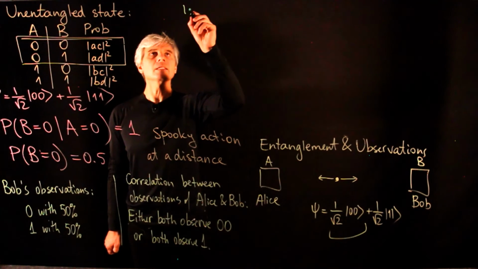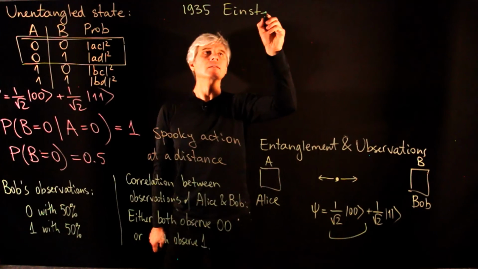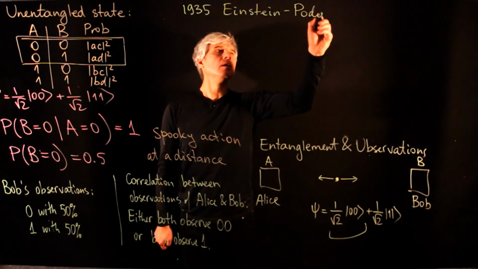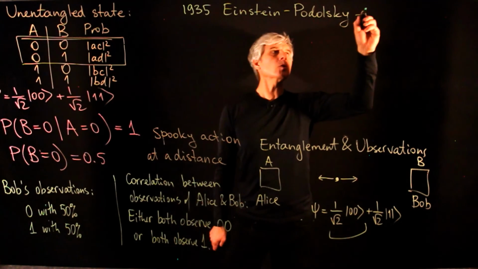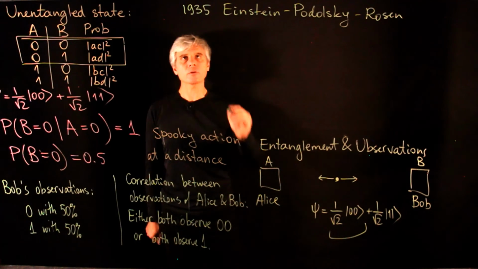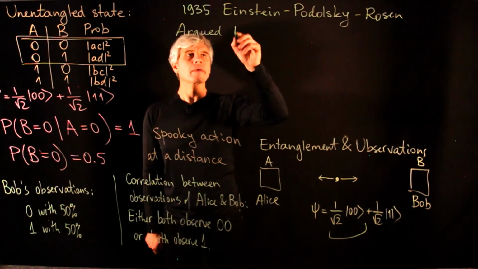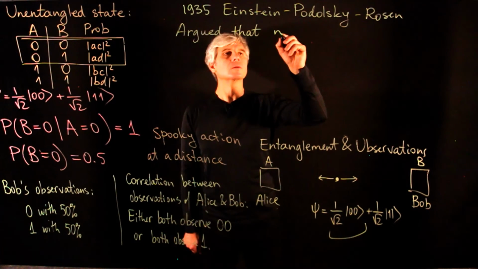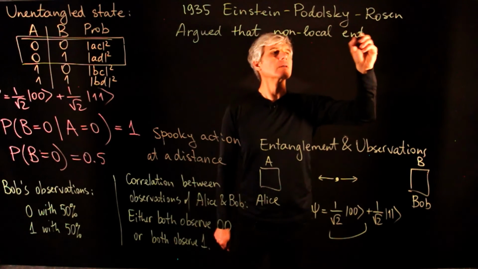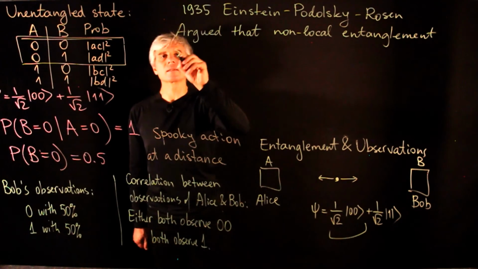So in 1935, Einstein, Podolsky, and Rosen wrote a paper where they argued that non-local entanglement should not exist.